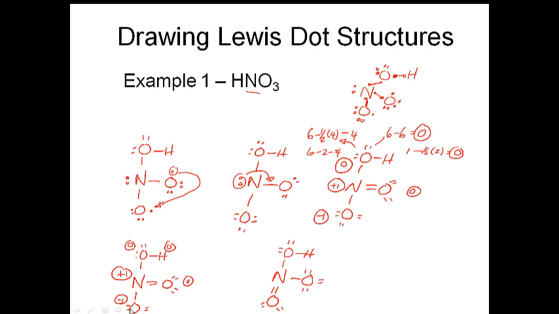In this case, the oxygen at the bottom has that lone pair. Over here, the oxygen to the right has a lone pair. So these two structures only vary in the placement of the multiple bonded electrons and the lone pairs. And that's a special relationship. And that's what we call resonance structures.